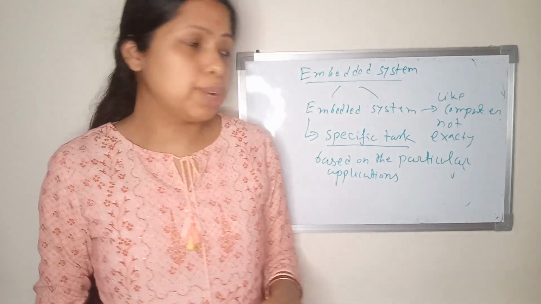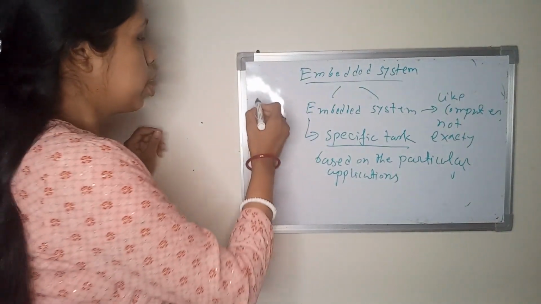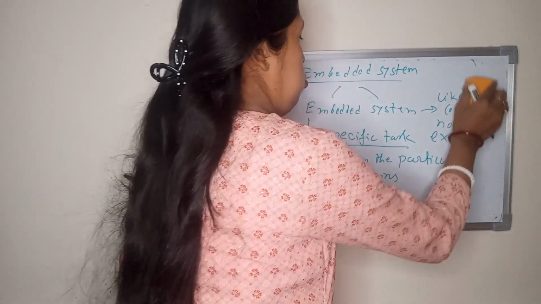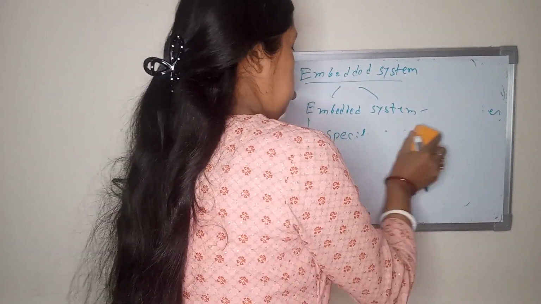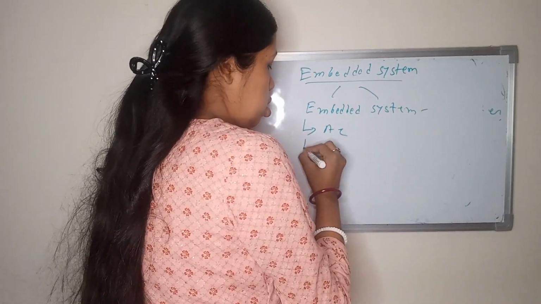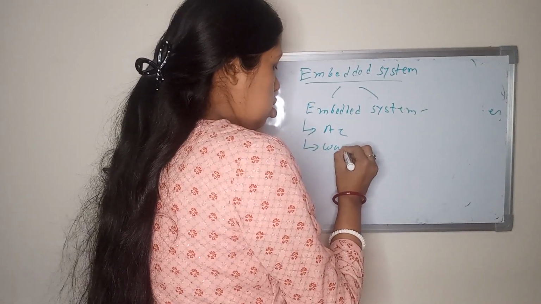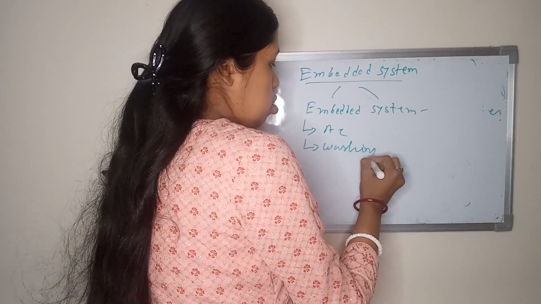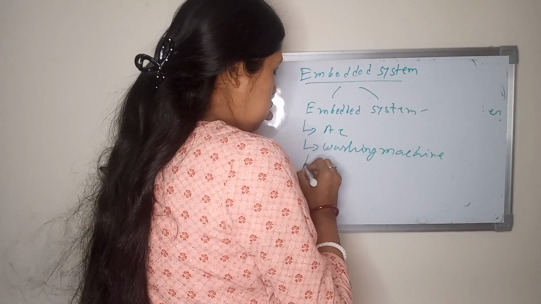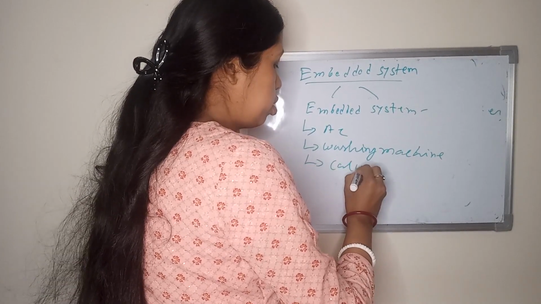What are the main examples of the embedded system? Think about the AC, washing machine, calculator.